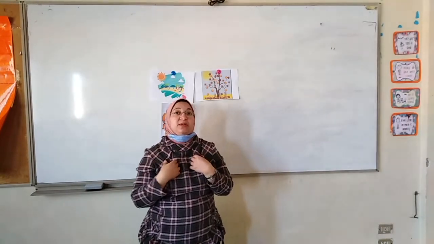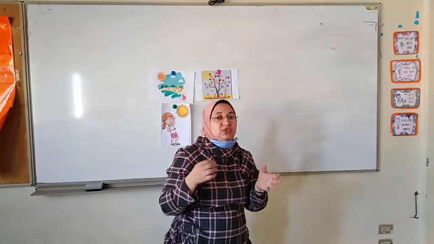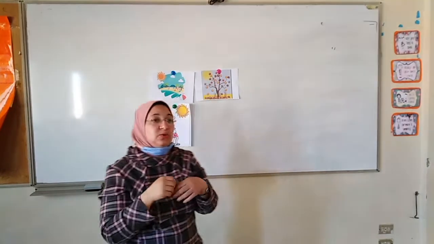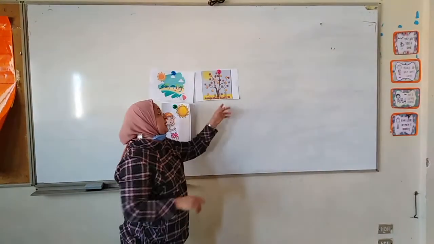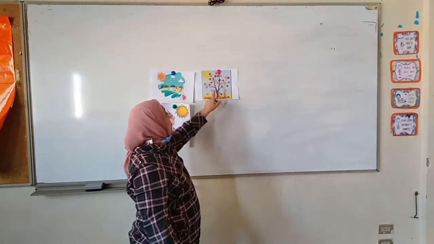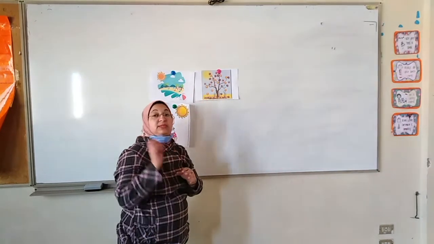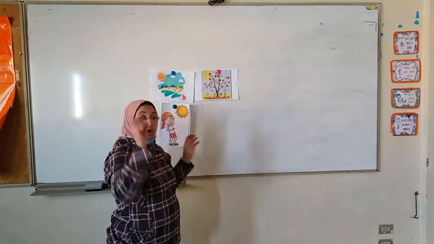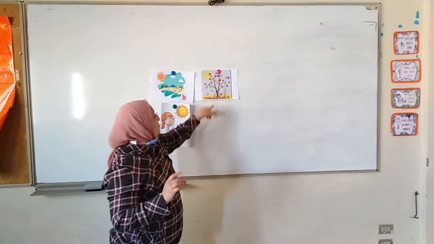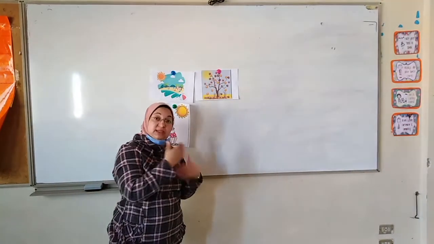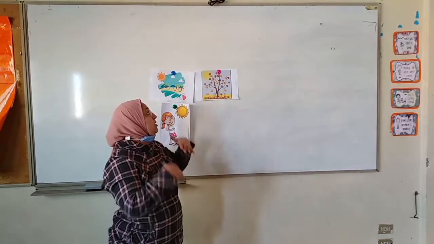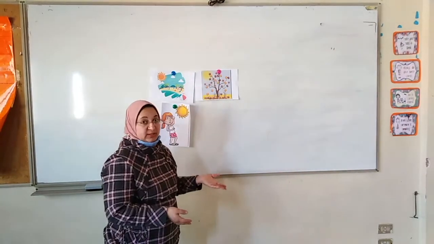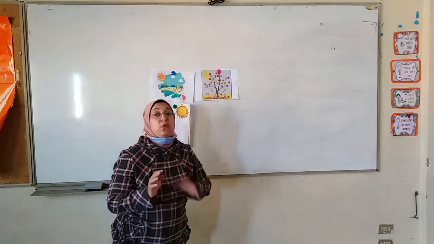We can wear some jackets, but it's not a woolen jacket, it's just a cotton jacket. We call it fall because the leaves become orange, yellow or brown, and they become dry and fall from the trees. But after this season, the trees will grow new green leaves. So that's why we call it fall.